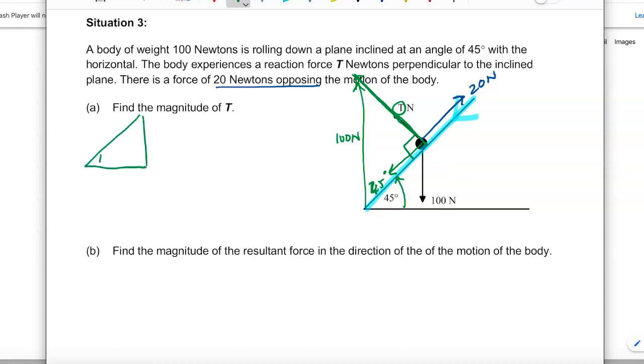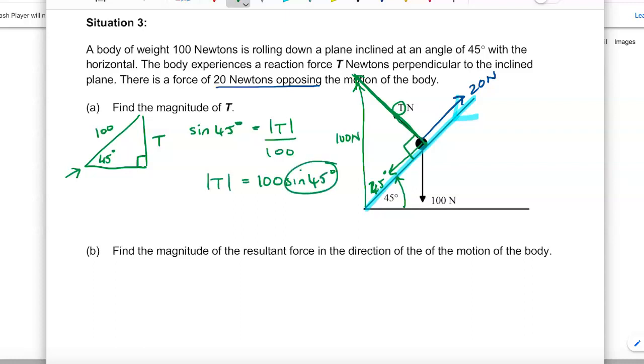So in this right-angled triangle, from the 45, we can work out the size of that reaction force T. Looking from the angle, we can use the opposite over the hypotenuse. So the sine of 45 degrees will be the size of that force over 100. So the magnitude of force T is going to be 100 times the sine of 45. And we know the sine of 45 is root 2 on 2, so its size is 50 root 2 newtons.